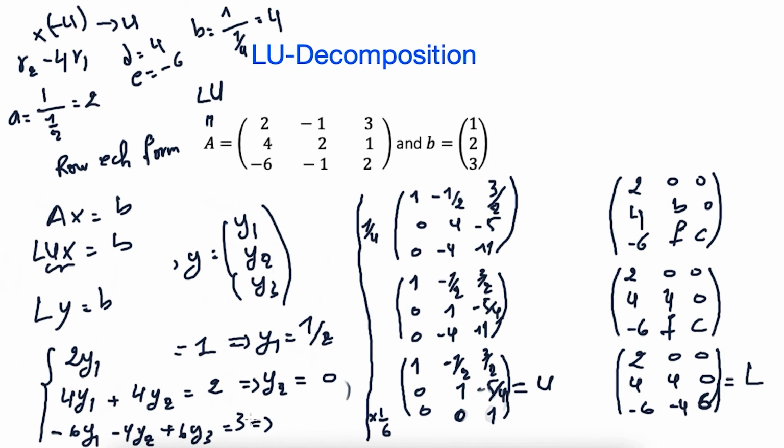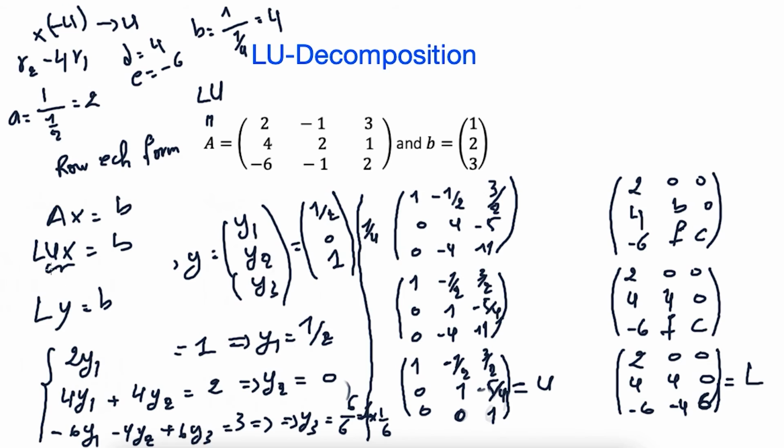Here it will be 3 plus 3, so that means y3 equals 6 over 6, which equals 1. So now the values are 1/2, 0, and 1. But these are just the values of this y, and are not the solution for the linear system that we have here.